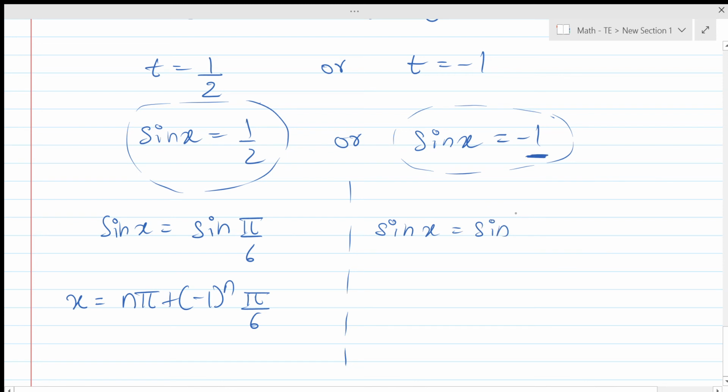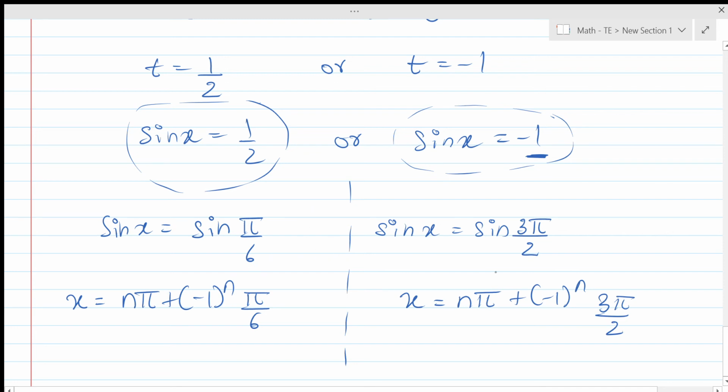So because this is minus 1, 270 degrees, yeah, so 3 pi by 2. So we can say x is equal to n pi plus minus 1 to the power n, 3 pi by 2. Can you guess which one we should accept and which one we shouldn't?